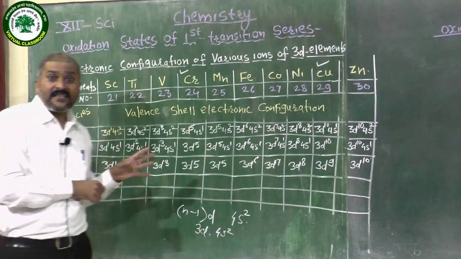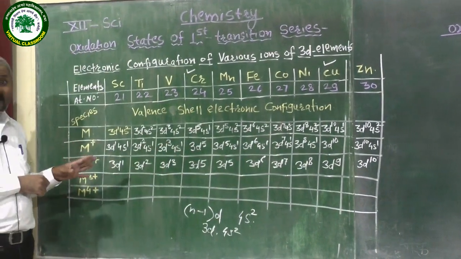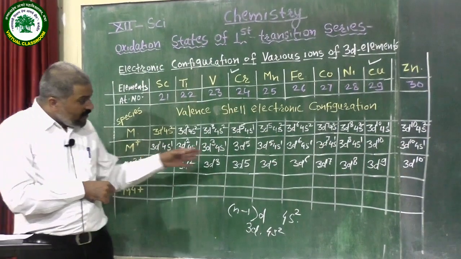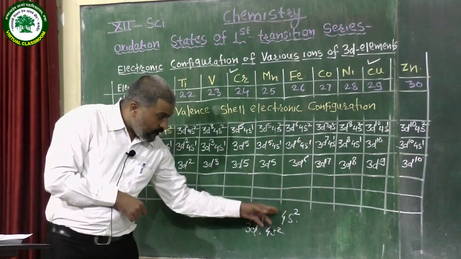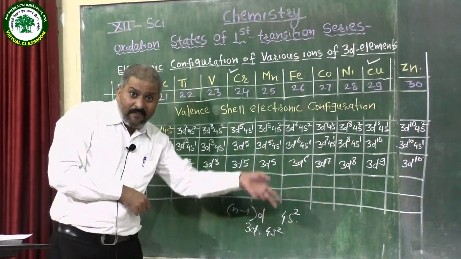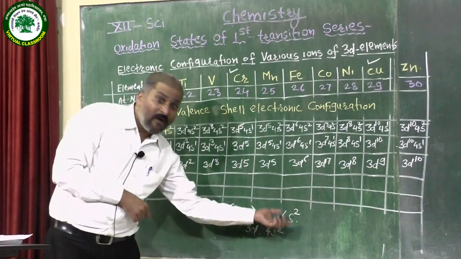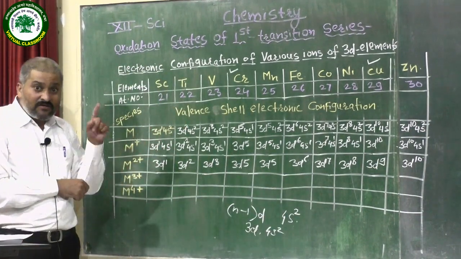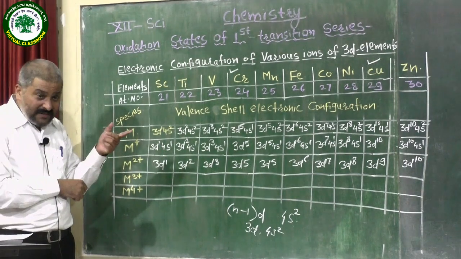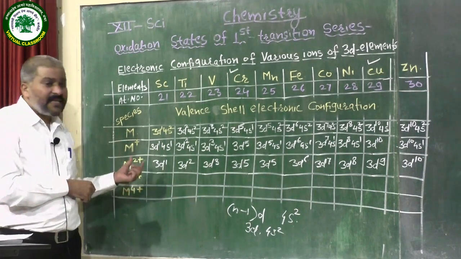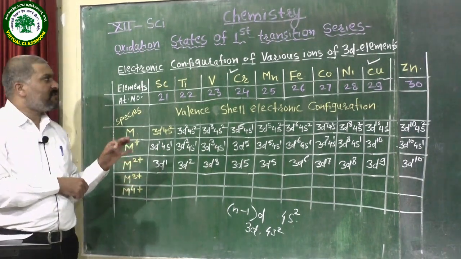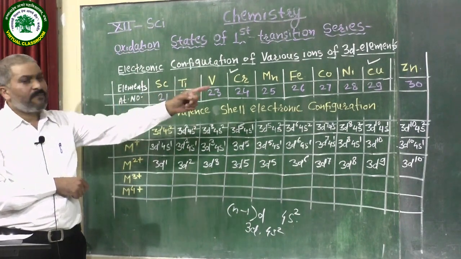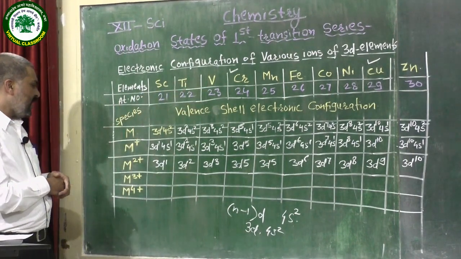What is the reason? The reason is that in almost all these elements, the first 2 electrons that take part in the bonding are from 4s, and because of that we say that +2 is the common oxidation state shown by all these first transition series elements.